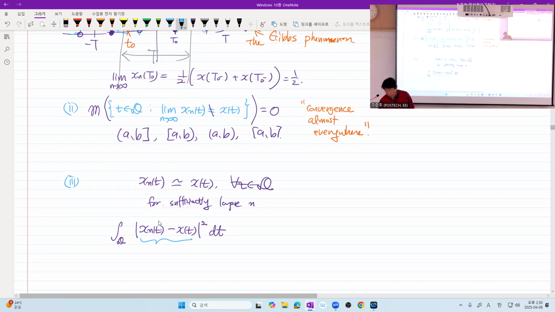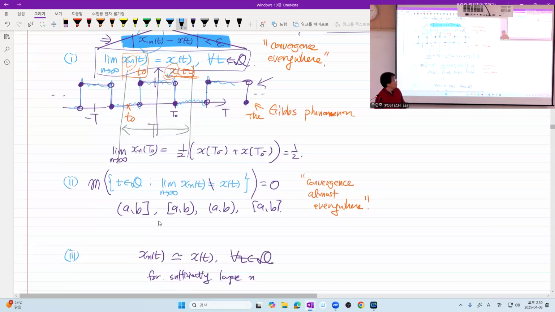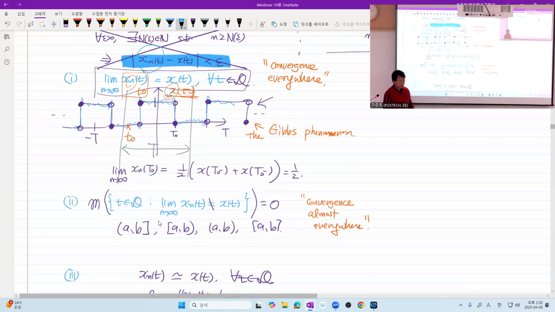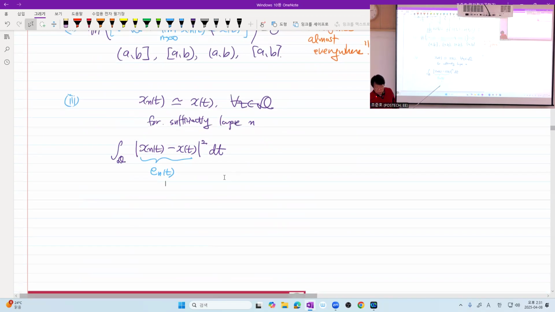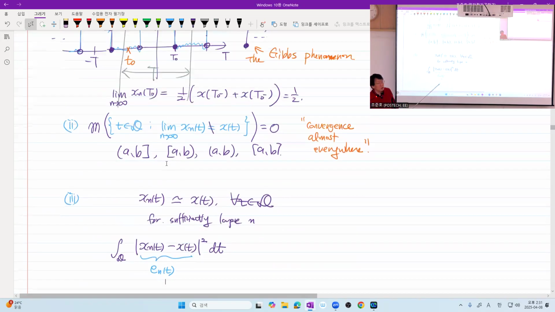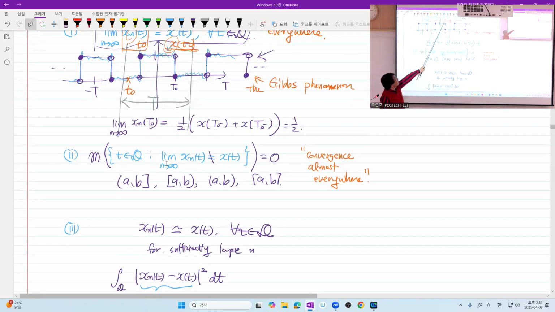This could be the error parameterized by n, right? For example, in this periodic rectangular function approximated by a truncated Fourier series, this function E sub n is the difference between the nth approximation and, for example, the original periodic signal.